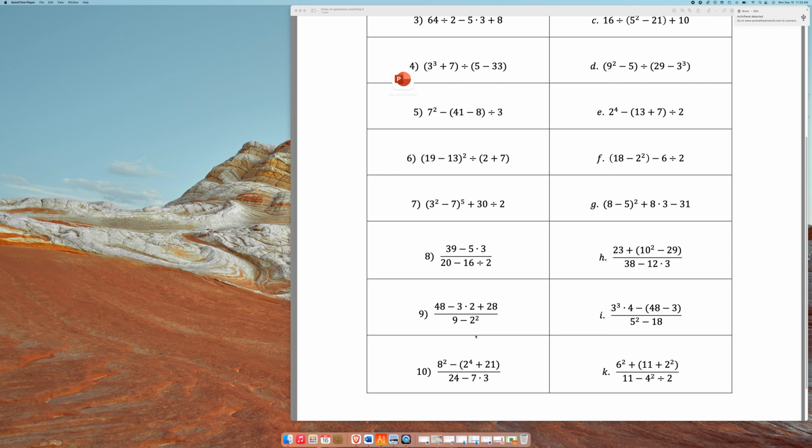Let's look at the numerator. We have 3 to the third power times 4 minus 48 minus 3. Okay. This jumps ahead of the line, right? Because it has parentheses, so we got to take care of it first. So 3 cubed, I'm going to change 3 cubed. 3 cubed is 27 times 4 minus, and 48 minus 3 is simply 45.